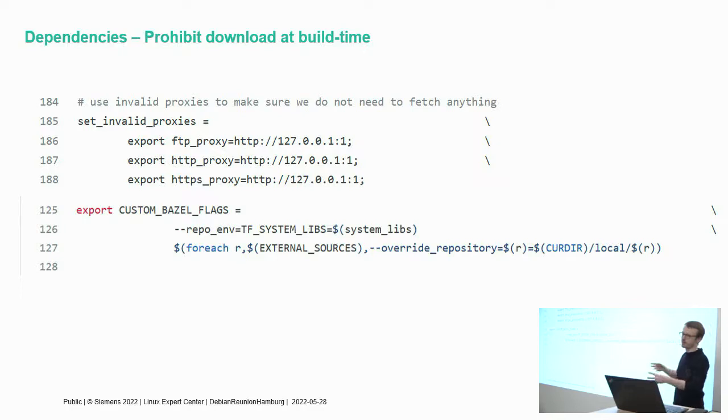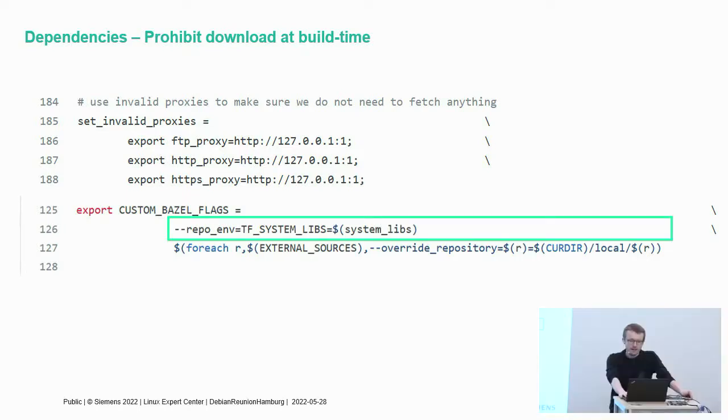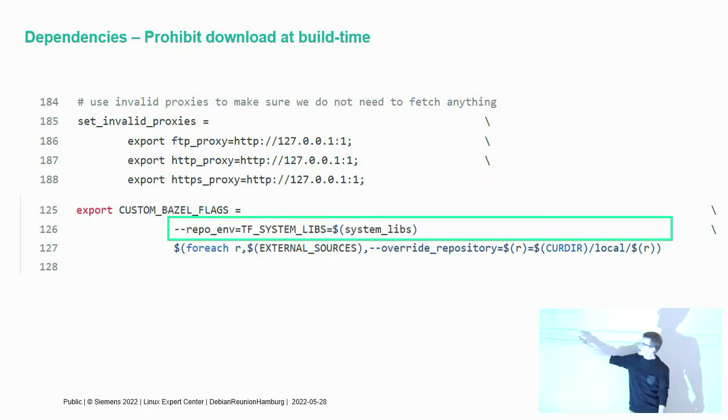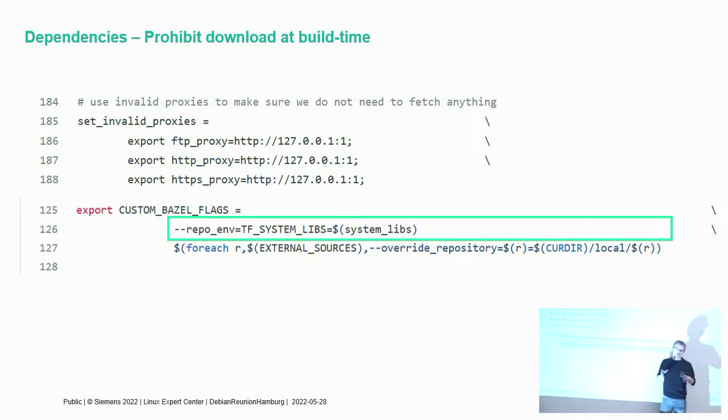But of course you cannot really put the home folder in the sources archive, and you don't want to do that. And the last thing here is that we still have to specify this variable which tells the rules which libraries should be taken from the system.